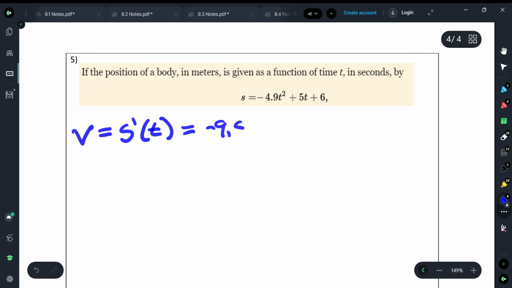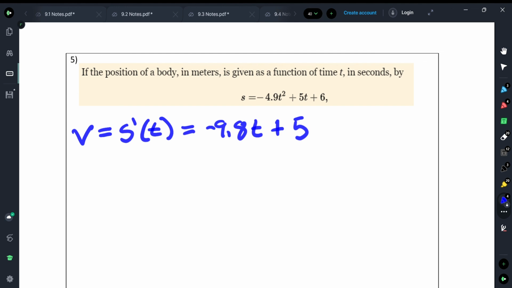This is literally going to be this. 2 minus 1 is 1 plus 5. Okay, so that's how fast you are, your speed and direction. And most of you from physics recognize that negative 9.8, which is the force of gravity on any object, is obviously negative because velocity is telling you gravity is pulling you down.